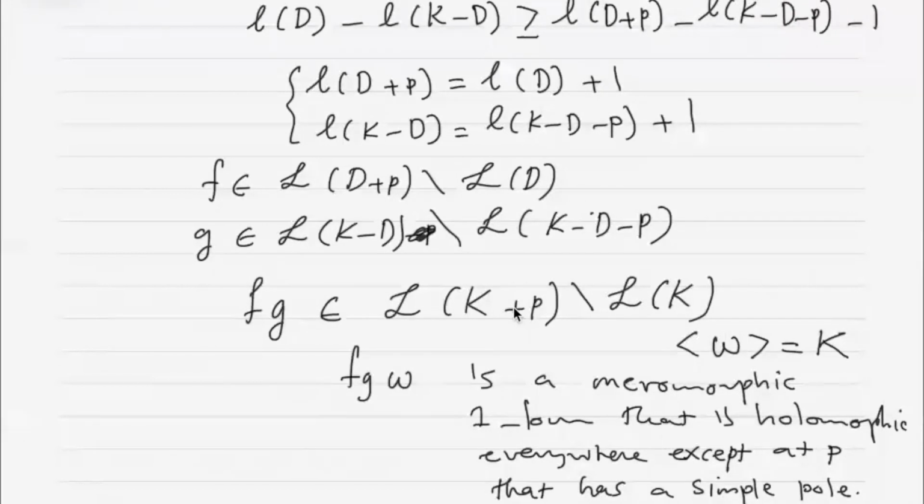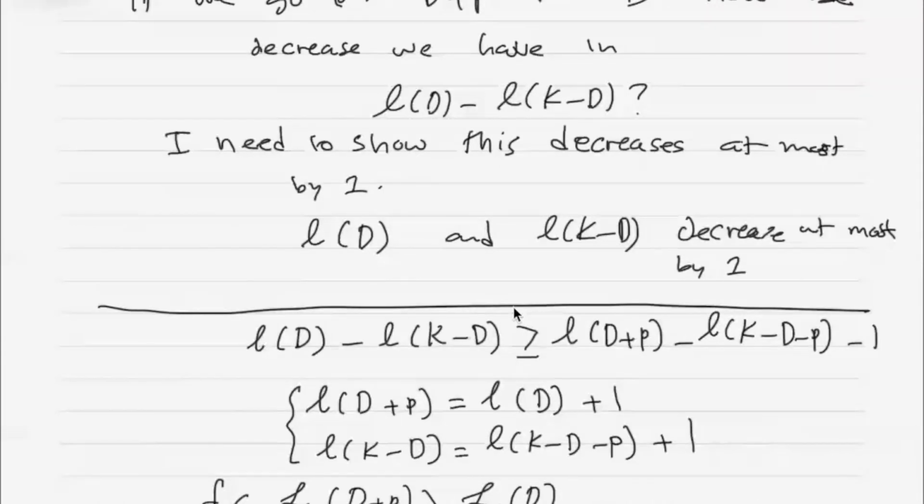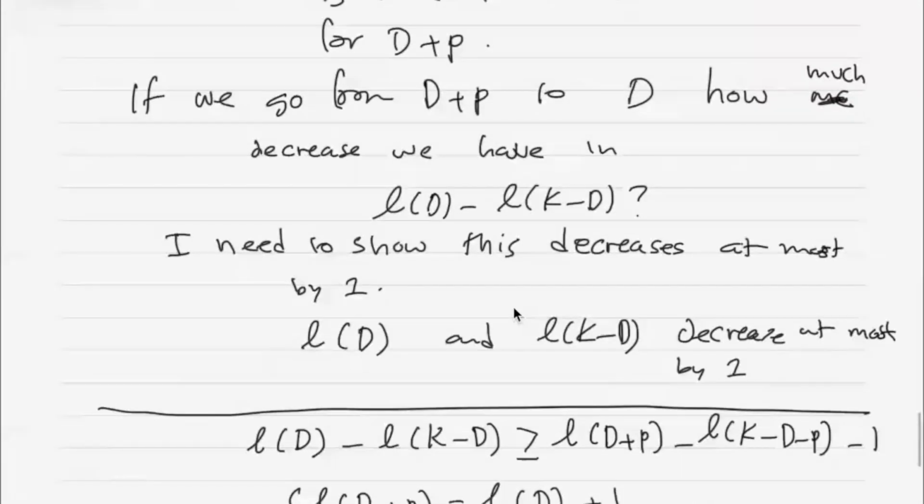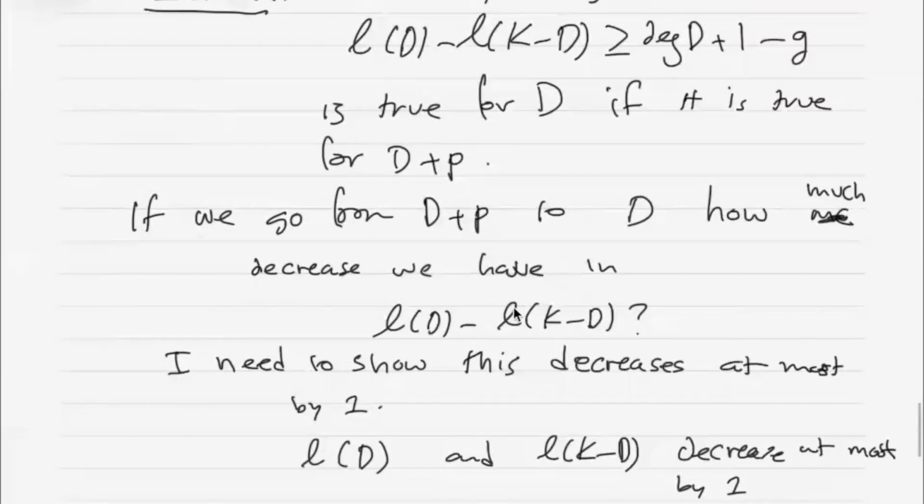Therefore, you see that it's a contradiction, and therefore such a situation cannot happen. And I was right to say that the left-hand side will decrease at most by 1, and the right-hand side decreases exactly by 1, and therefore the inequality remains true. And the proof is done.